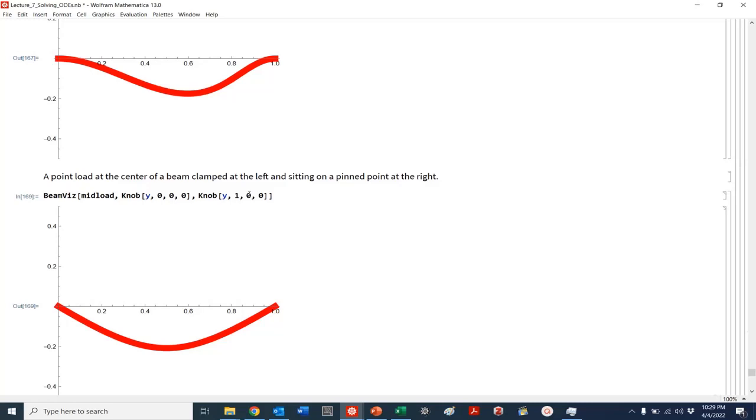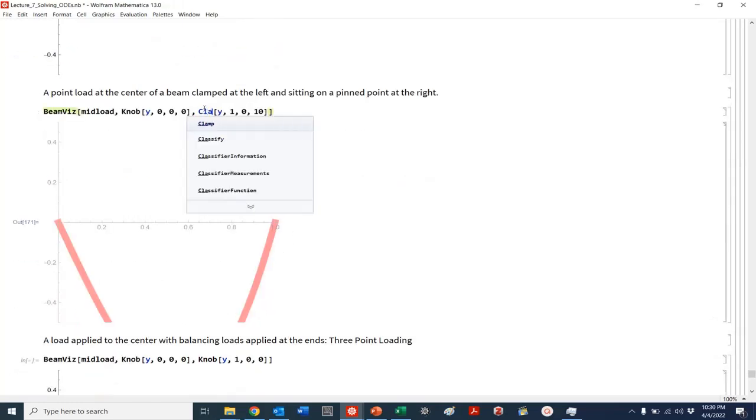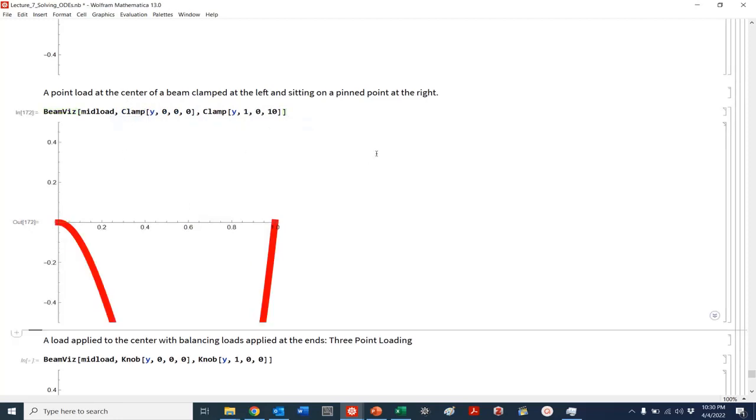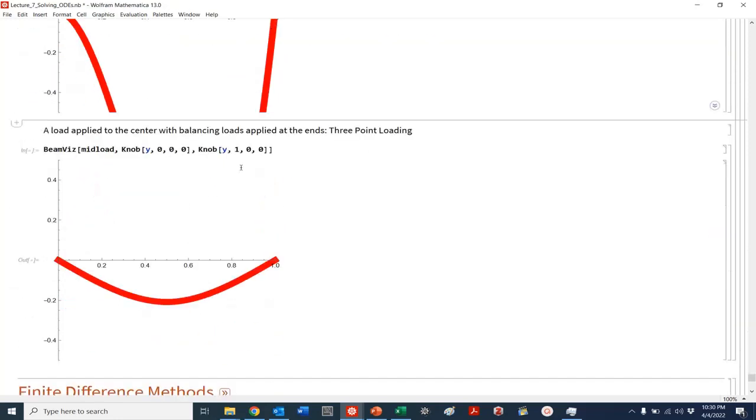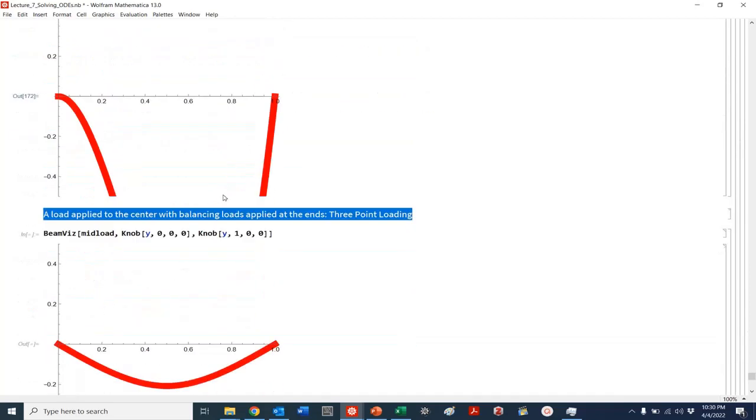I can set my value to be 1 or 10. Actually, that's not my slope value, that's my curvature value, but if I do clamp, clamp, I can look at that and see those loads. And you can see here load with balancing knobs, so basically three-point bending.